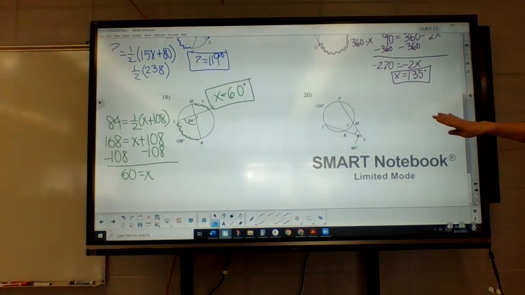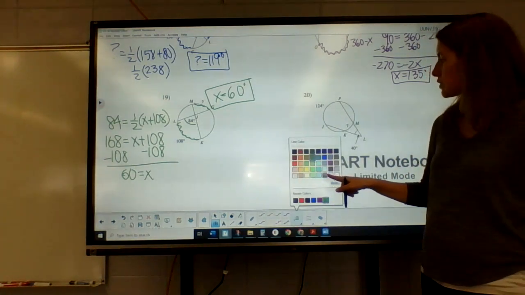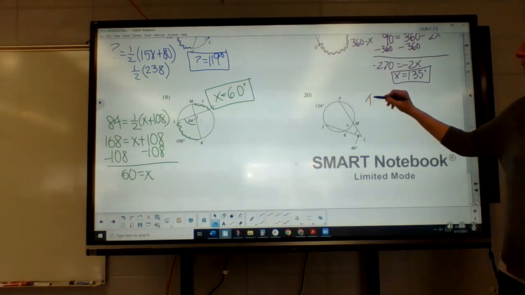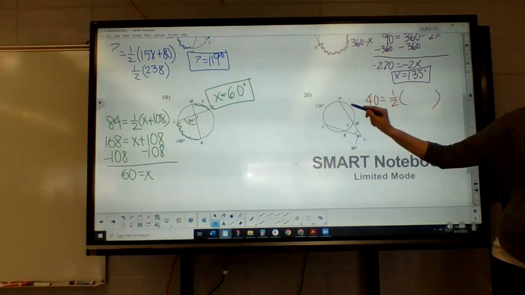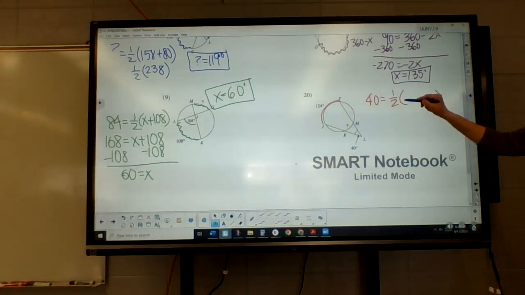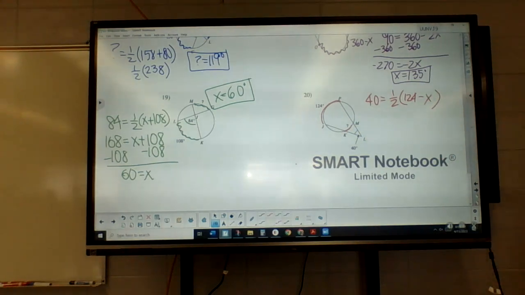This is probably a more typical problem with the angle outside the shape. So this time they know angle 40. So we know 40 degrees is going to be half of the two arcs subtracted. Big arc is 124, minus the little arc is our unknown, our x.